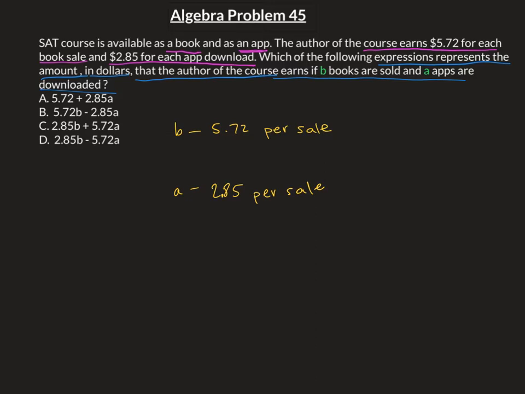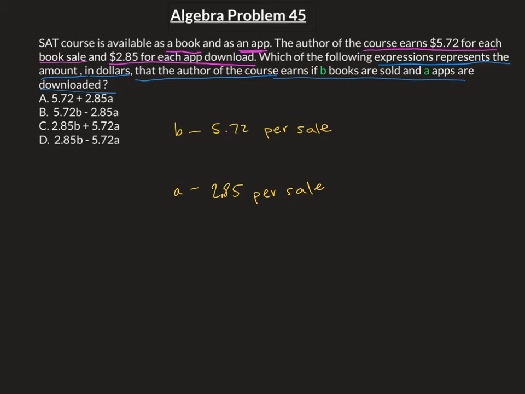So if you take a look at the answer choices, they're not asking for a specific value. It's giving a certain equation, and we have to decipher which one is correct. Now we've just written down how much you'll earn per book sale and how much you'll earn per app sale.